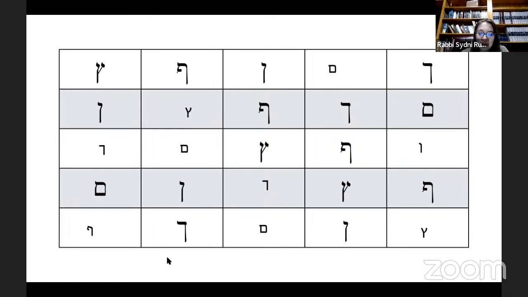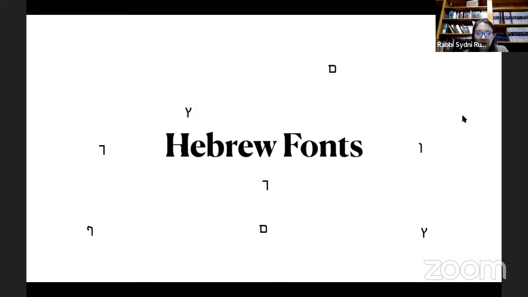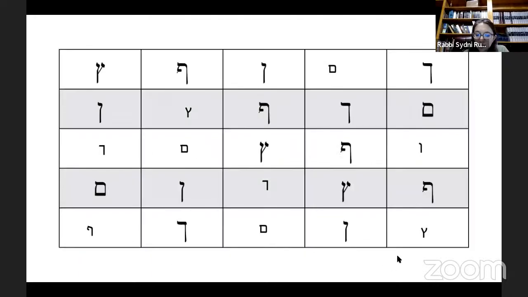But now that we know the only 5 letters that are Sofit, and that they are always Sofit when they're at the end, now that we've got those 5 ingrained in our brains, it's going to make parsing out words a lot easier in context. Before I go on to Hebrew fonts, any other questions about Sofit letters?